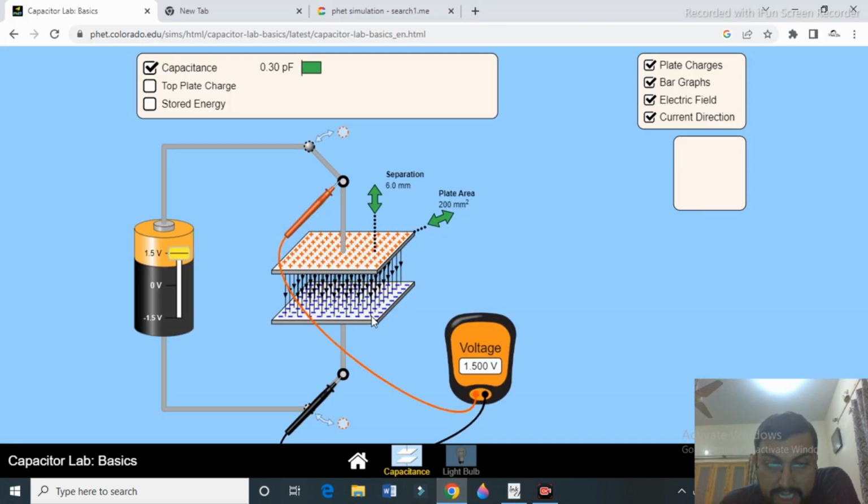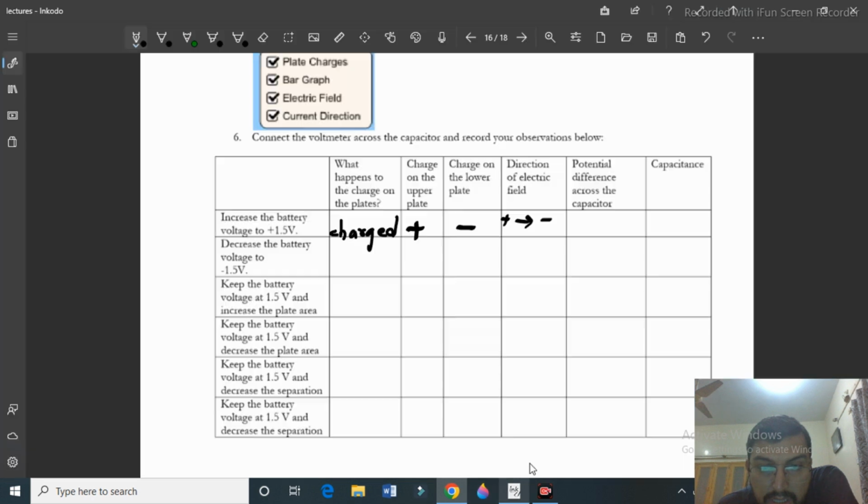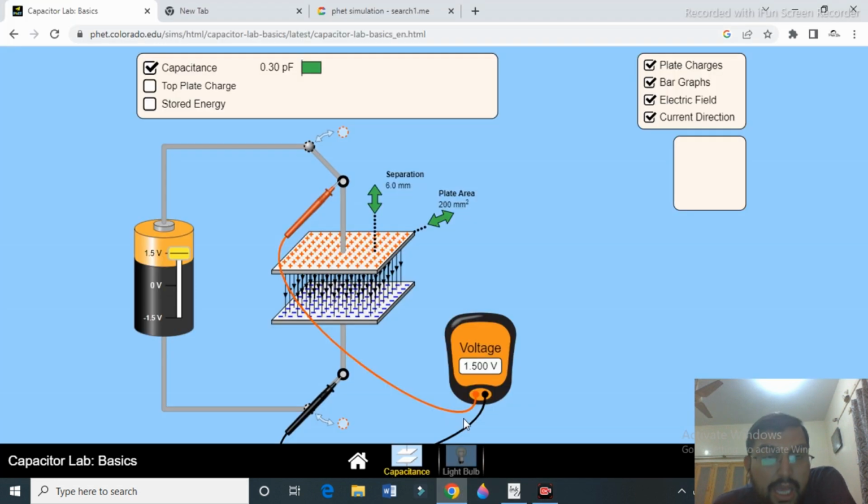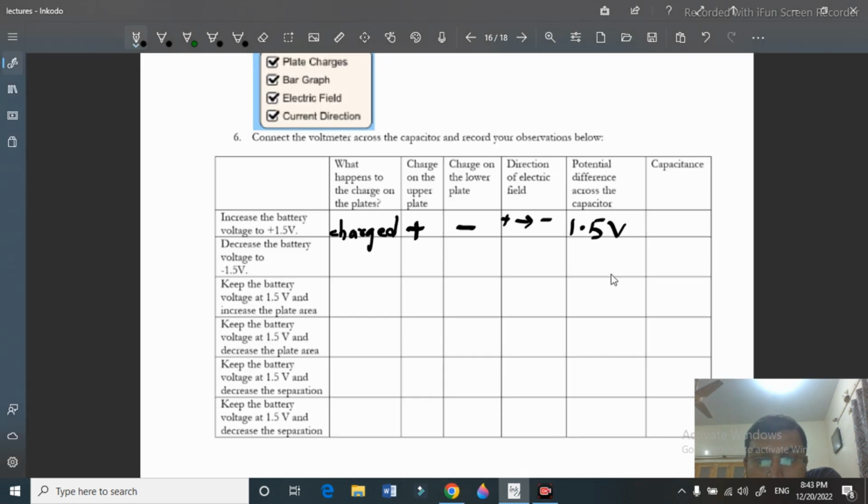Now let's move on. The potential difference is 1.5 volt, so I will write it here: 1.5 volt. And what is the charge? The charge is 0.30 picofarad. I have written it here.